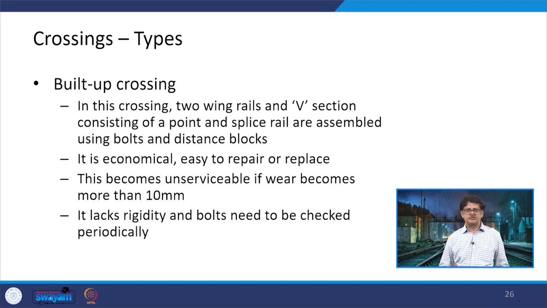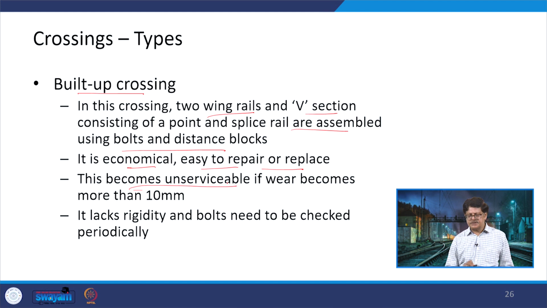Then based on the manufacturing process, we talked about the built up crossing. In this particular type of crossing, we have two wing rails and a V section consisting of a point and a splice rail. They are assembled using bolts and distance blocks. It is economical, easy to repair or replace because everything is being assembled, and if there is a requirement, any of that part can be taken out.